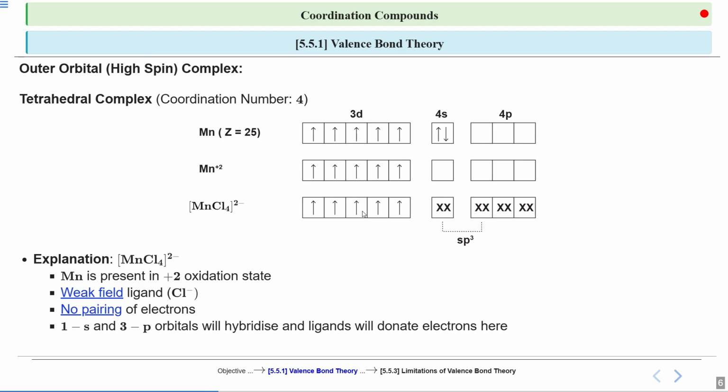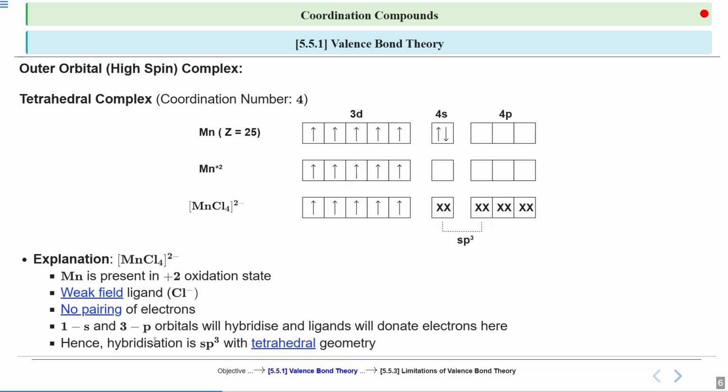No pairing will happen, and these 4 chloride ions are going to donate their electrons in the sp3 hybrid orbitals, 1 from 4s and 3 from the 4p. So 1s and 3p orbitals will hybridize together, and the chloride ligands will donate their electrons here in these hybrid orbitals.